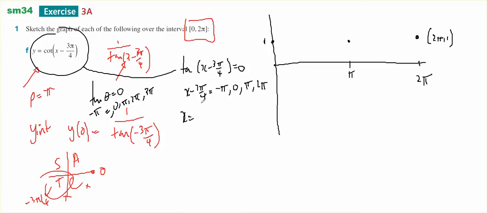x will equal minus pi plus 3 pi on 4, which is minus pi on 4. 0 plus 3 pi on 4 is 3 pi on 4.